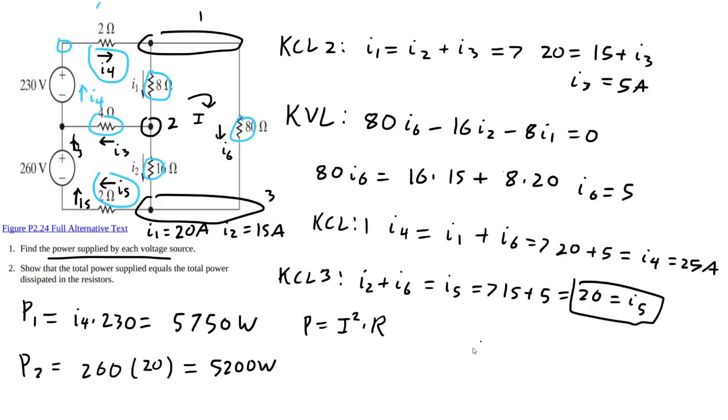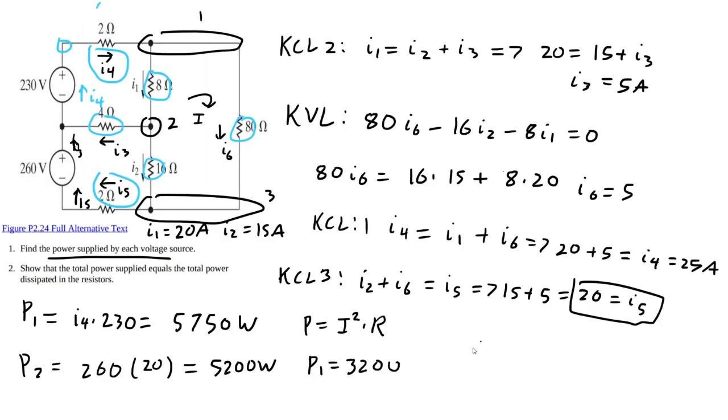So the power dissipated by the 8 ohm resistor, let's say that is P1 because of I1. Yeah, we'll keep the naming convention with the currents. So P1 is going to be 8 times 20 squared, so 8 times 400. That'll be 3.2 kilowatts.